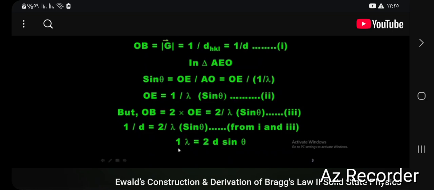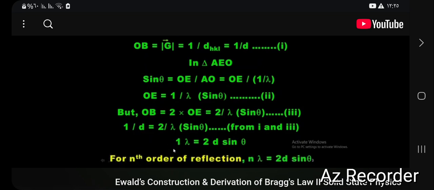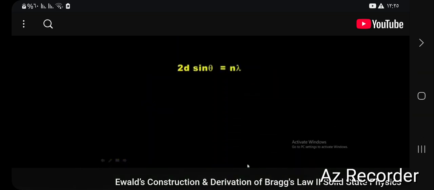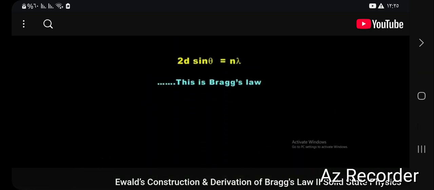For nth order reflection we replace 1 by n, so n lambda is equal to 2D sine theta. This is Bragg's law. So we have derived Bragg's law from the concept of reciprocal lattice by using Ewald's construction.